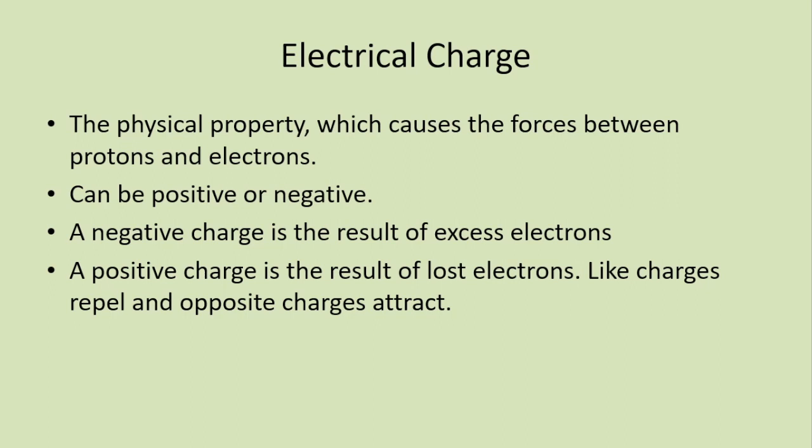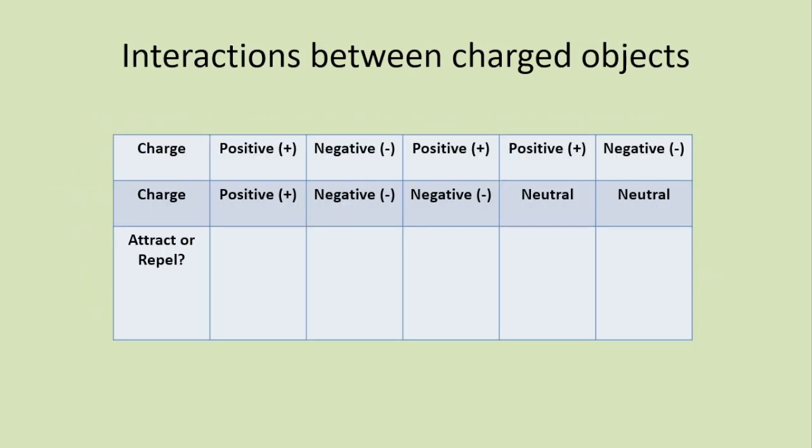Like charges are going to repel and opposite charges attract. And again, when we say positive charge, it's not because we've gained a lot of protons, it's because we've lost a lot of electrons. Electrons are the only ones that we are losing or gaining, meaning that a loss of electrons makes us positive and a gain of electrons makes us negative.